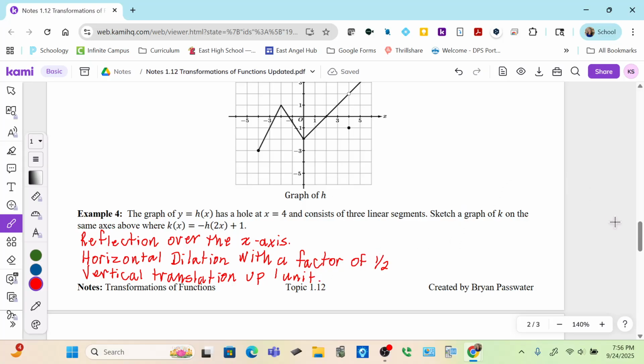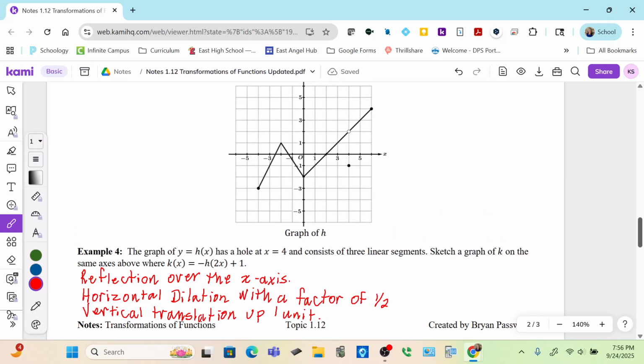What I like to do when I'm doing these kinds of problems is pick specific points that are good points to see where change is happening, so that I don't have to find too many different points. The points that I'm circling are going to be excellent points to use for finding the transformed points for the function.